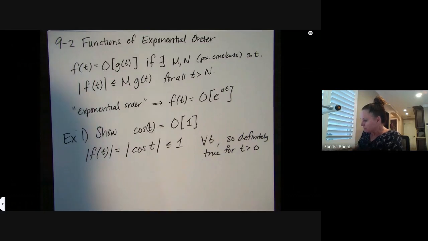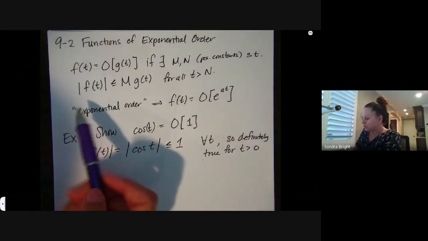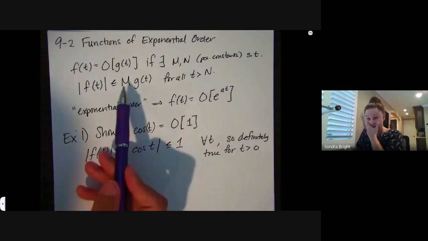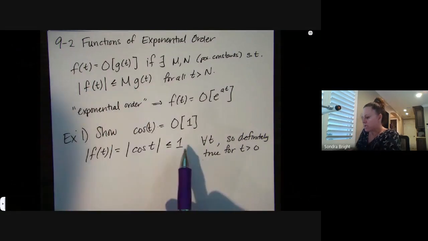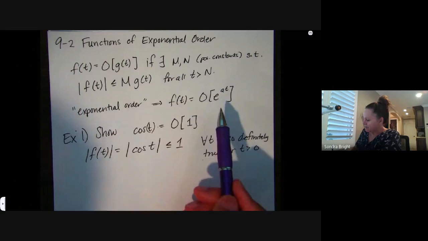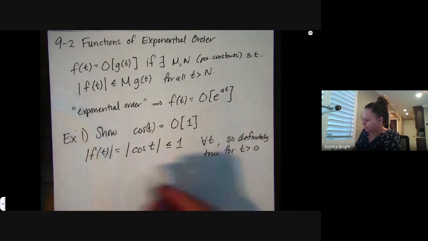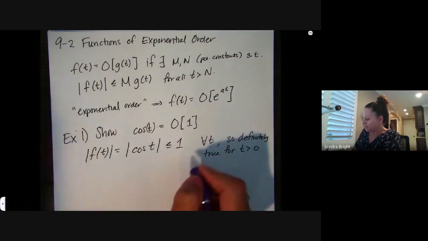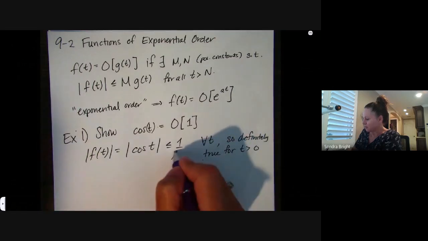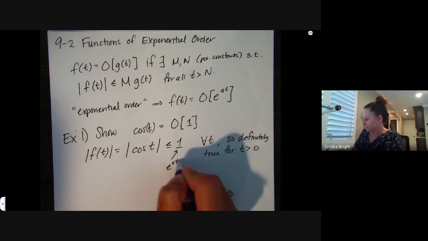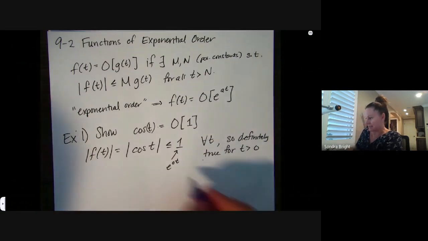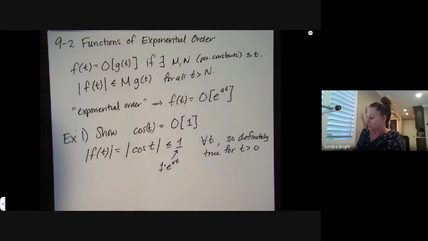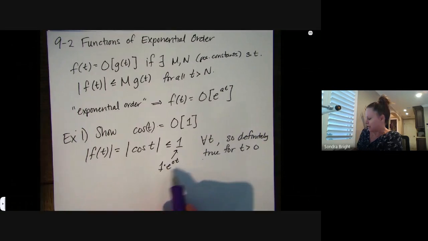When I'm looking at these, I really want to show that it's of exponential order. So what we could say is that 1 is like e to the 0t, it's like 1 times e to the 0t. So now your g of t is e to the 0t, and your capital M is 1.